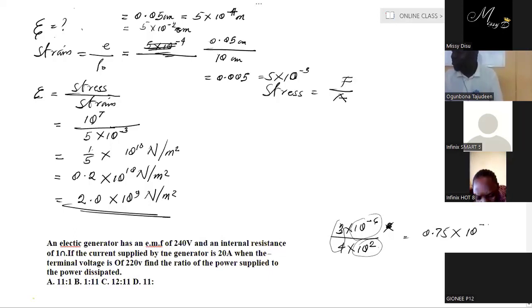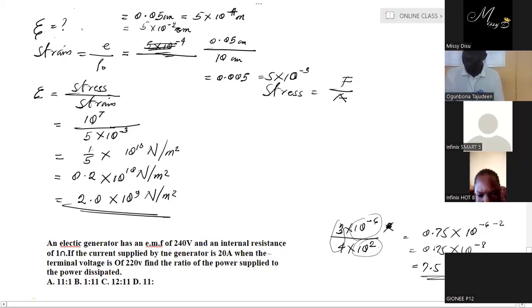That will be minus 6 minus 2, which is minus 8. So 0.75 times 10 raised to power minus 8. Because this is 0 point, we want to take the point to this place. If you are moving the point forward, you take the power backward. So that means 7.5 times 10 raised to power minus 9 in this case.